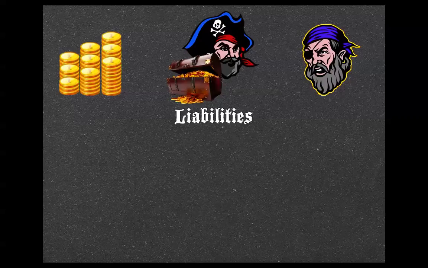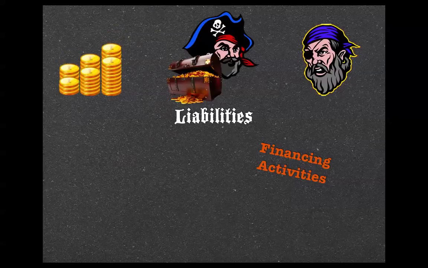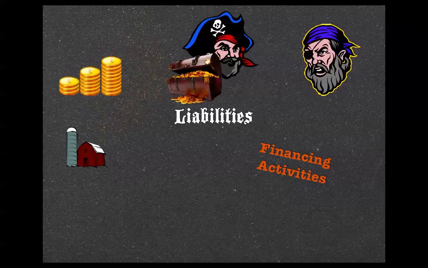Once we've obtained all of the financing that we need, we're going to use that money to purchase the different items we need to run our farming business. So we're going to spend some of that money and we're going to buy a farm. We have to have a barn, silo, other things in order to be a farmer. We also have to have a tractor.